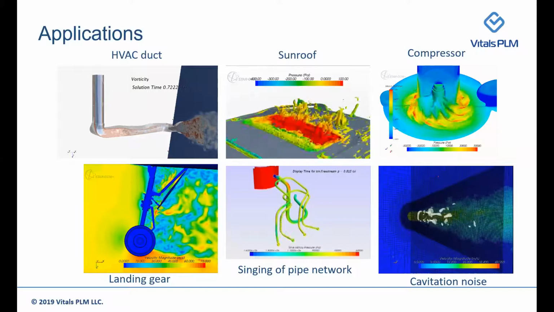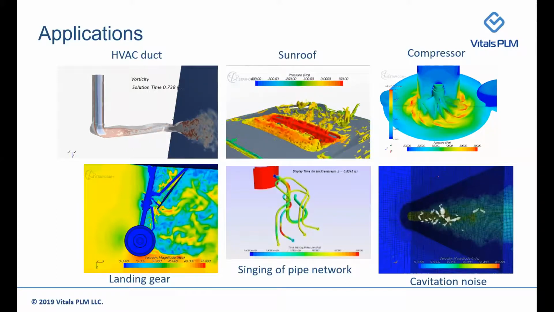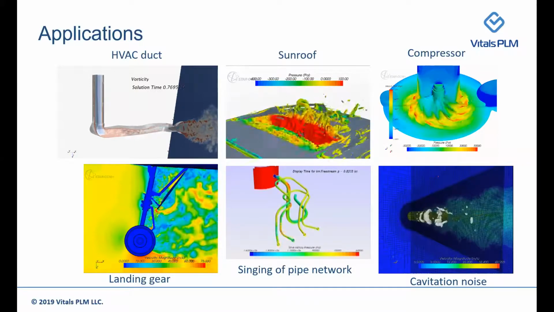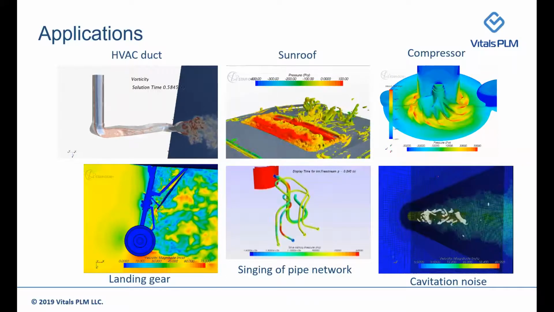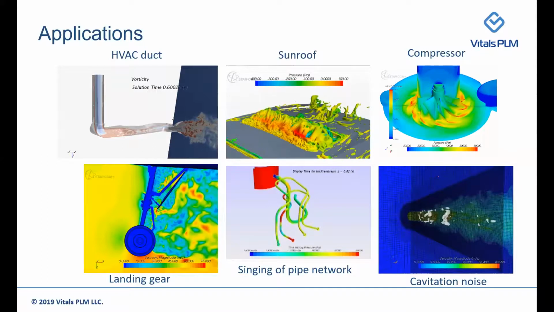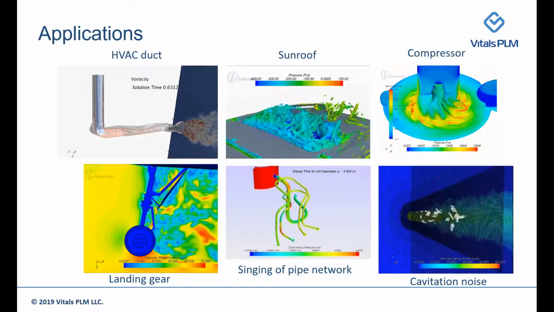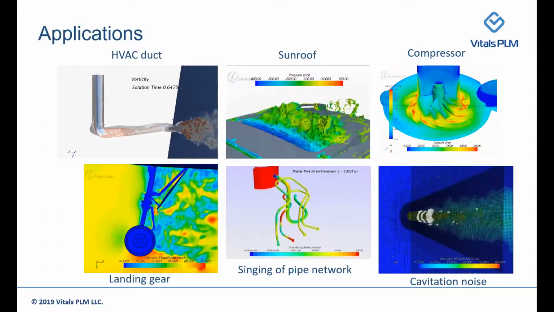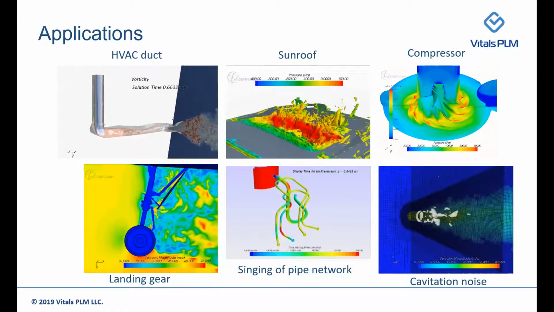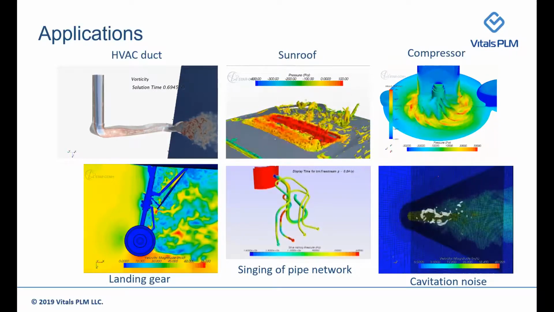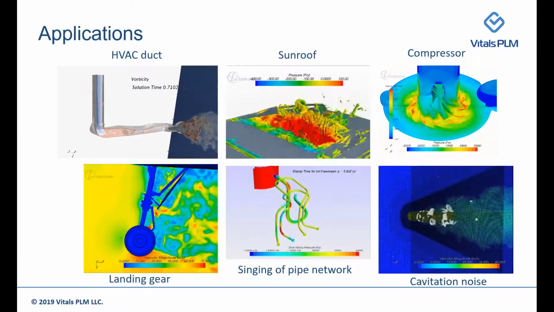The second example we see here is the sunroof buffeting, where the flow is represented by three-dimensional vortical structures colored by pressure. What we see here is the flow which separates from the leading edge of the aperture interacting with the trailing edge of the aperture, resulting in highly unsteady pressures on the surface of the trailing edge of the aperture.